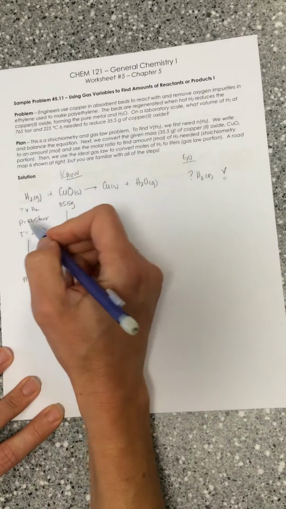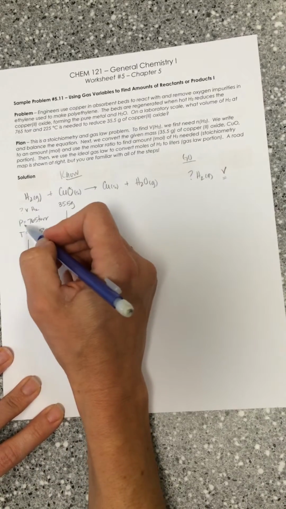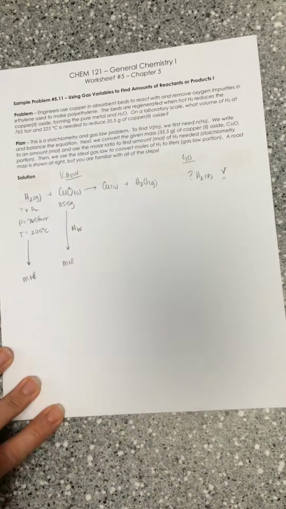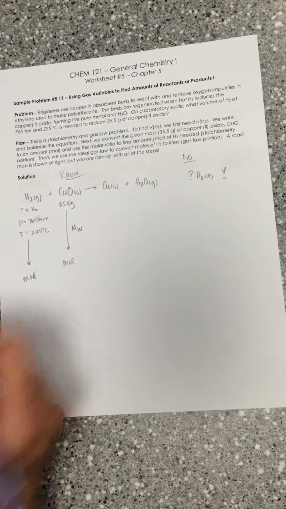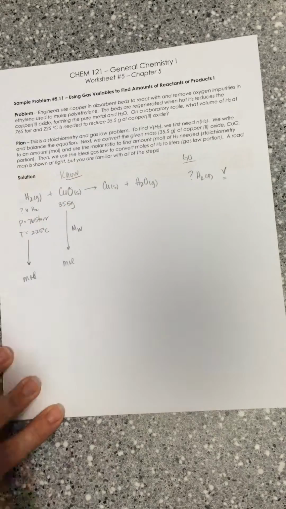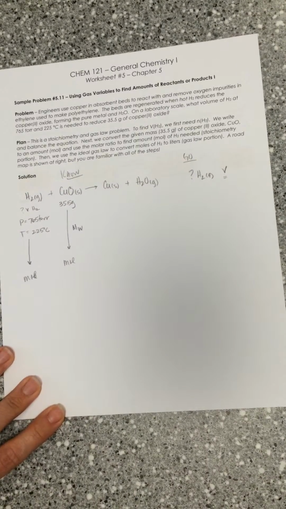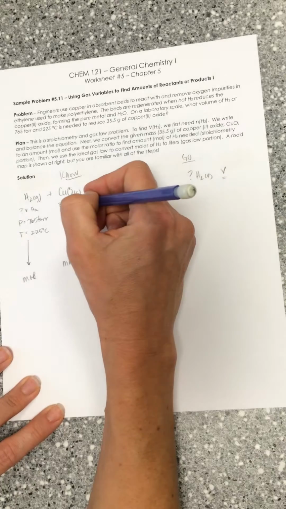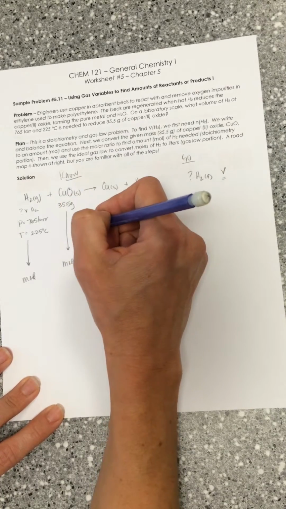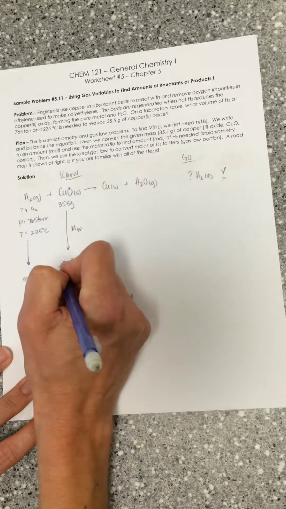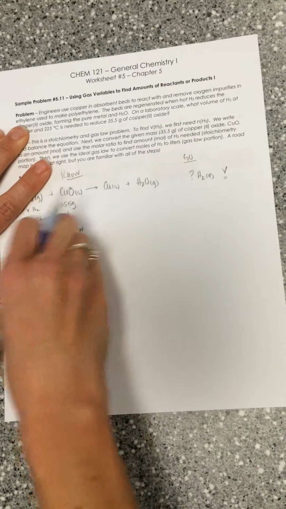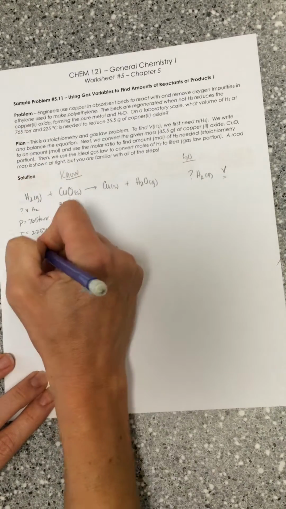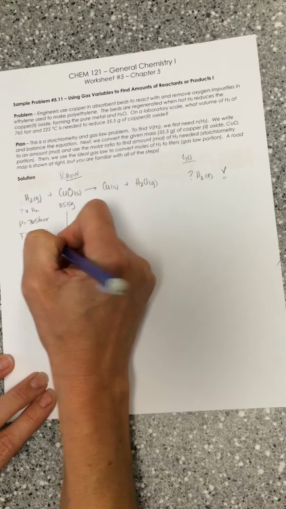Again, we need to know moles of this one. Since this is a gas, if we know the information that allows us to get to moles, we can figure out the volume here. The volume is what we needed to get to. So we can walk from mass of copper oxide, using molecular weight, to moles. We can use a balanced chemical equation to change who we're talking about. And this arrow is going to go in the other direction, because we're going to use PV equals nRT.